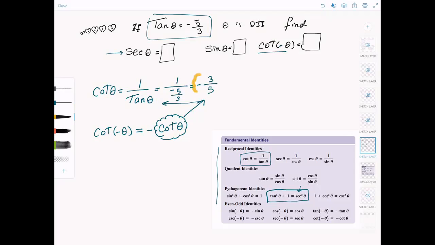So we have this cotangent of theta. I need to plug it back into this. So as a result, we're going to get negative 3 over 5, which is positive 3 over 5. And we are done for cotangent. So this is done, 3 over 5.